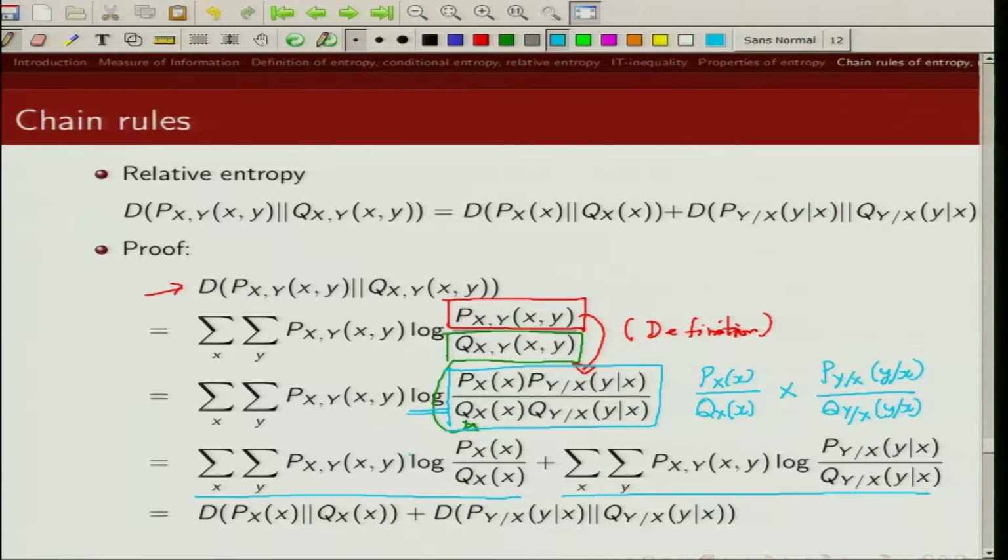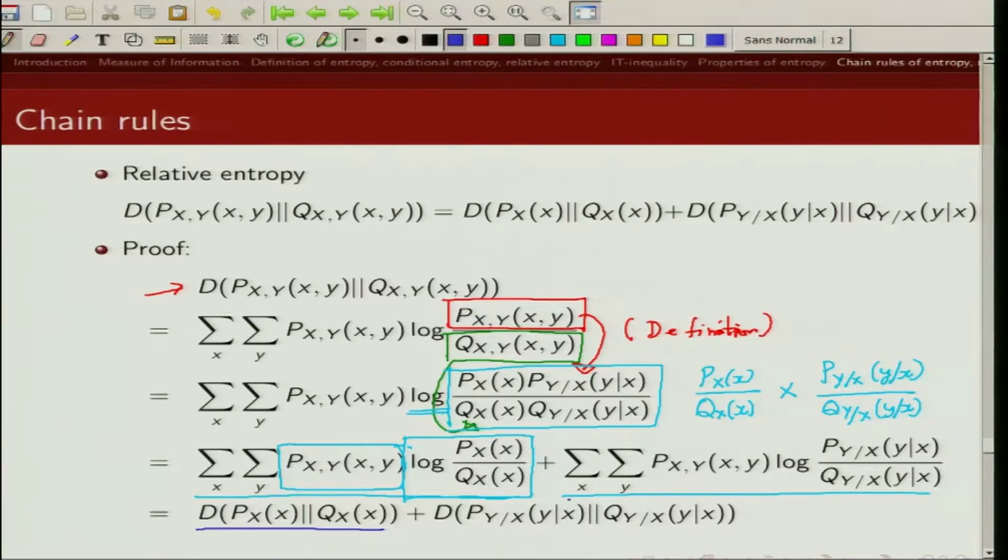Now again, this particular quantity does not depend on y. So when I sum it over y, I am essentially summing up this over y. If I do that, what I will get is summation over x of p of x log of p of x by q of x, which is nothing but the divergence between p of x and q of x.